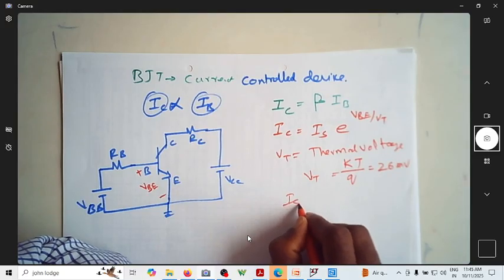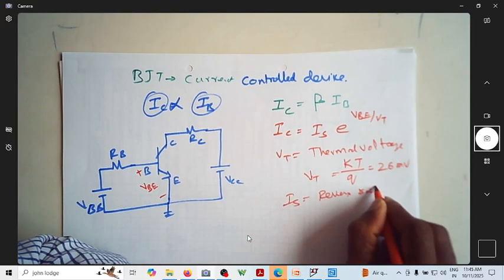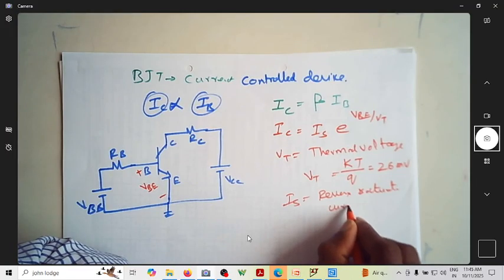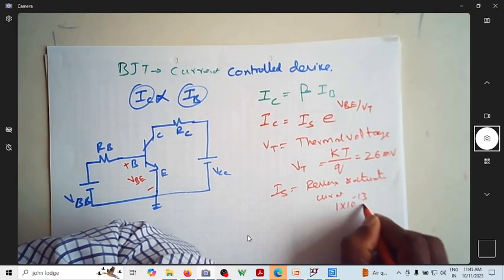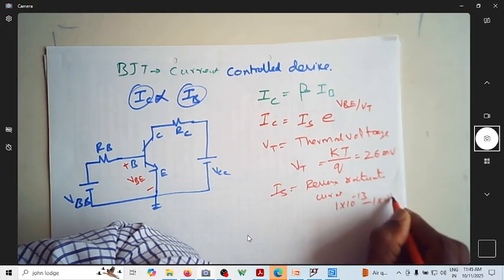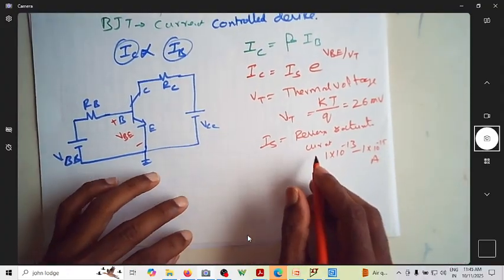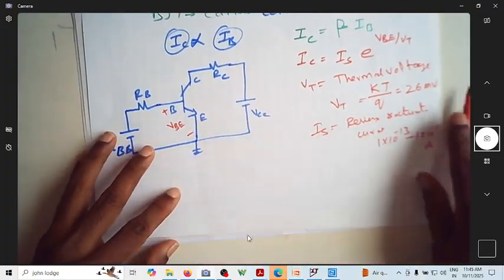So this IS is the reverse saturation current, which will be in the order of 1 into 10 power minus 13 to 1 into 10 power minus 15 amperes. This is the range of IS. So now let us have a simulation.